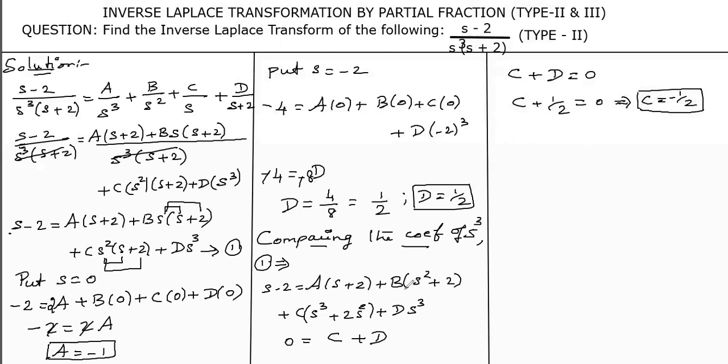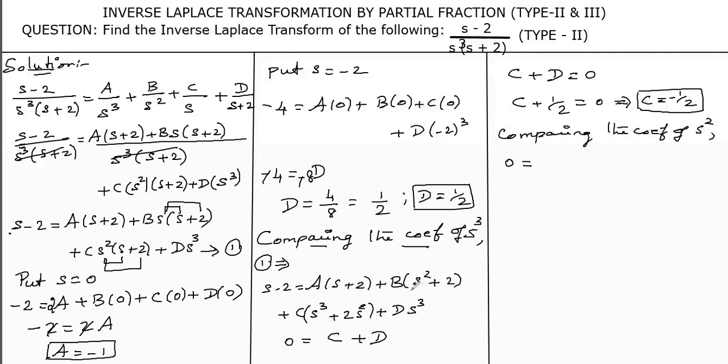To find the value of b, can we equate the coefficient of s square? It will be better to find the value of b. So now I'm going to compare the coefficient of s square. So what happens? On the left hand side, s square is not there. So the coefficient of s square is 0. See here, now what happens? A is not having s square with it. So just leave a.